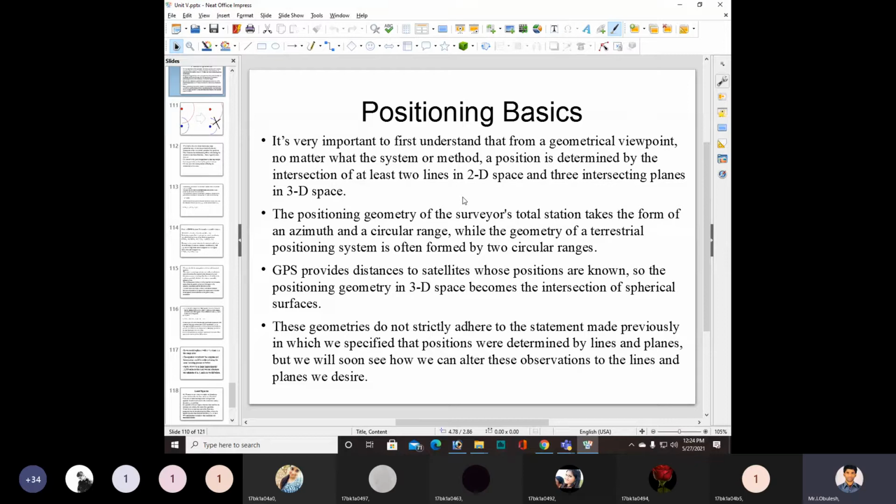But we will soon see how we can alter these observations to the lines and planes we desire.